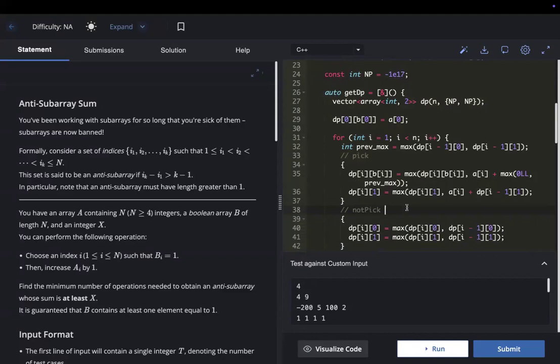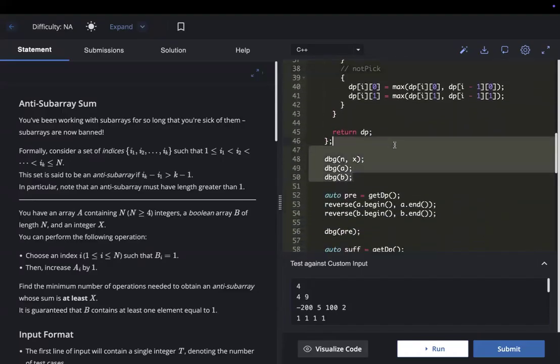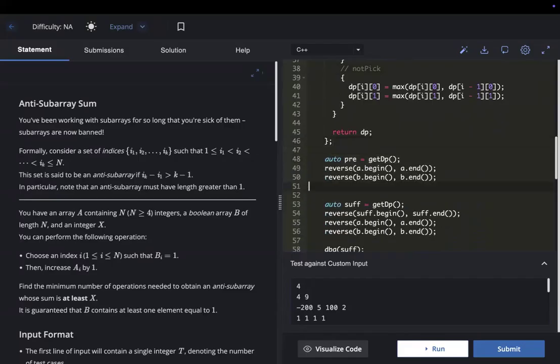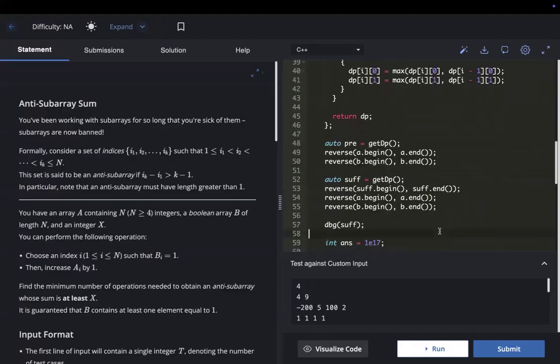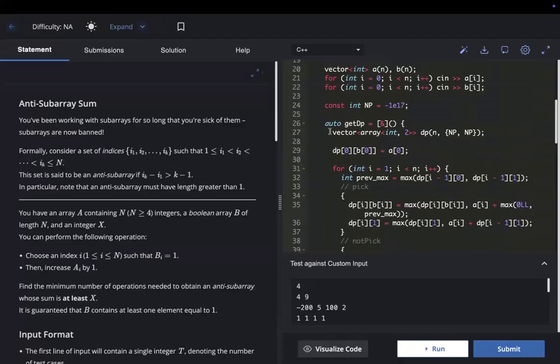So instead of writing the same logic twice, I created a function which will return me the DP for the prefixes. Then after getting it for the prefixes, I will just reverse the array and get it for the suffixes, and then I will again reverse the arrays. So this is how you can avoid writing the same logic again and again.